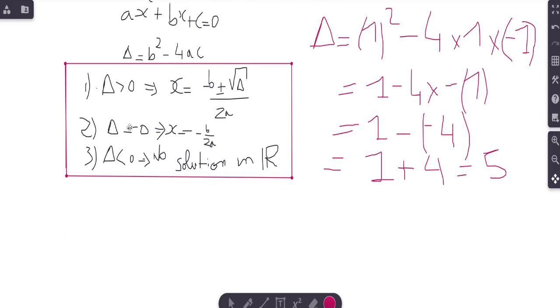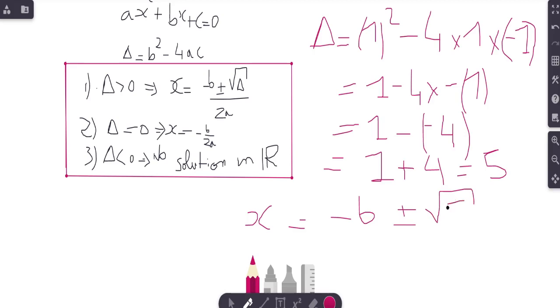So delta is superior to 0, it's positive. Therefore, we have two solutions in R. x equals minus b plus or minus square root of 5. So b is 1 here.